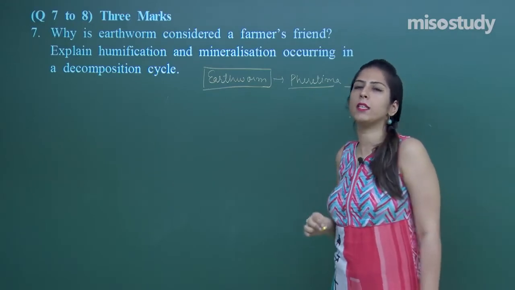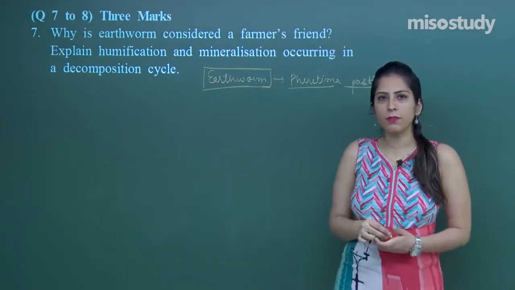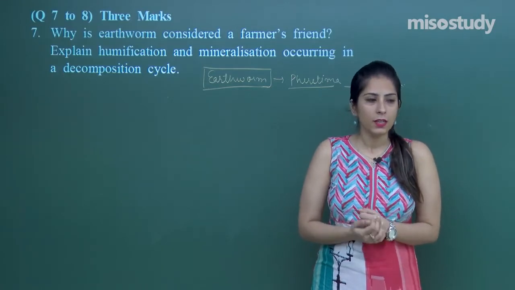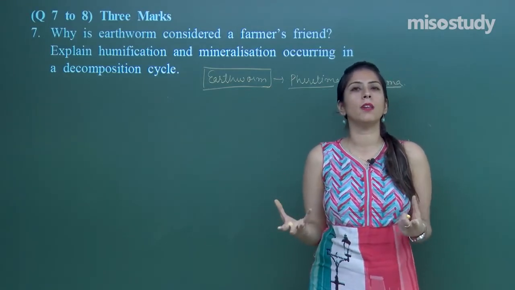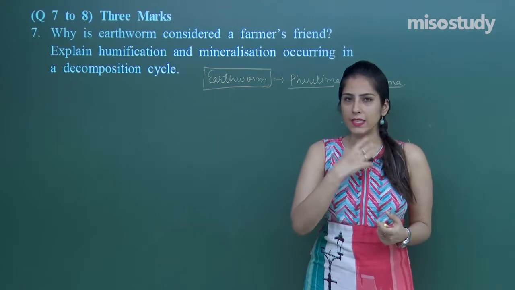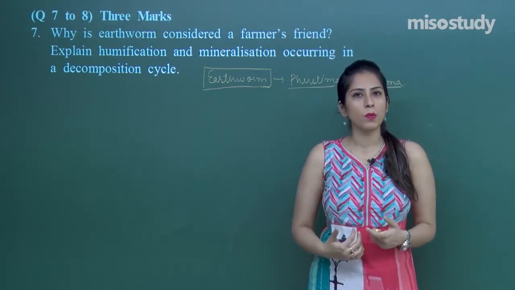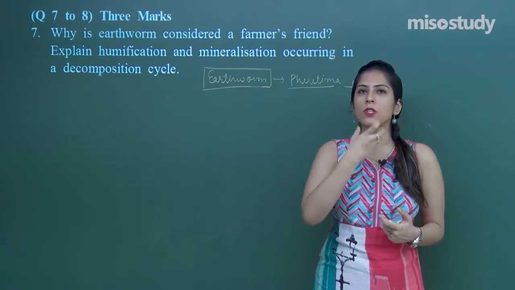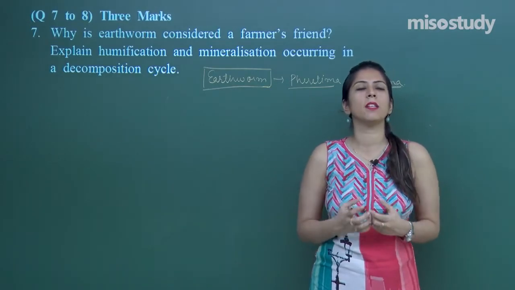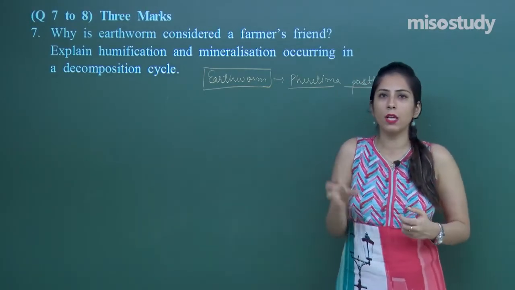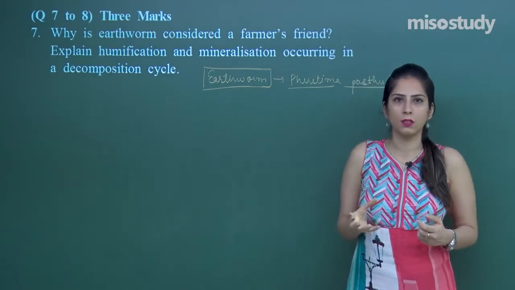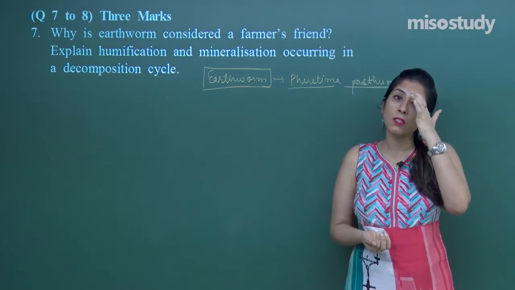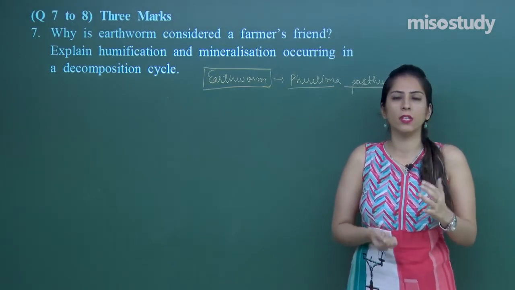There are so many reasons for that. Earthworms feed on the detritus present on the earth's crust. They feed on freshly fallen litter. They ingest it, digestion happens within their gut, and what they ingest out is called a cast, also called vermicast, and that vermicast is a very rich source of different nutrients.